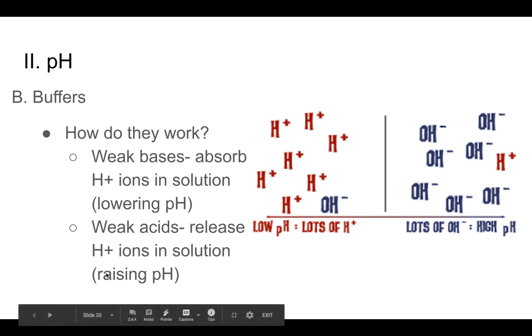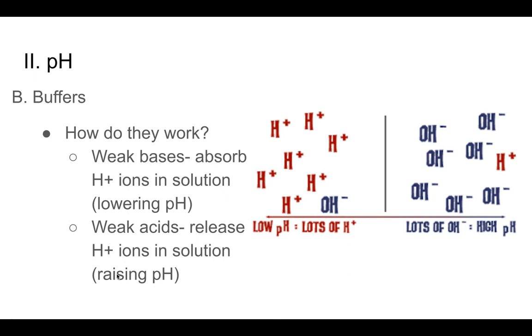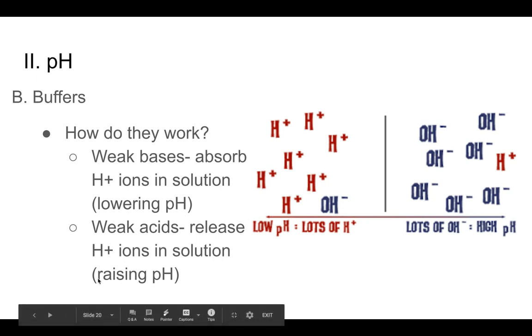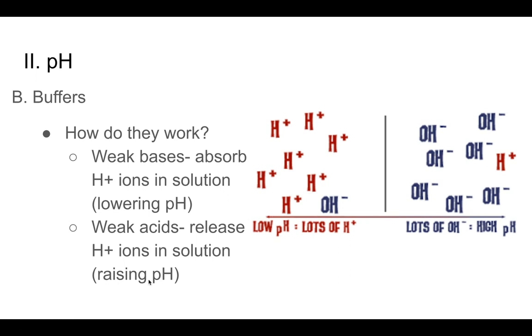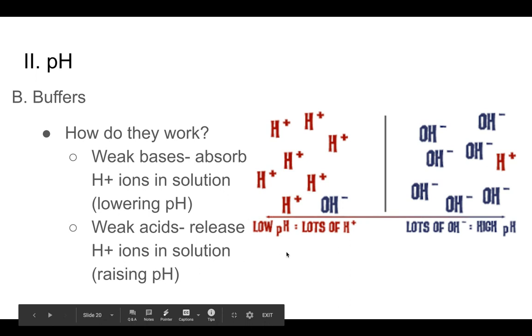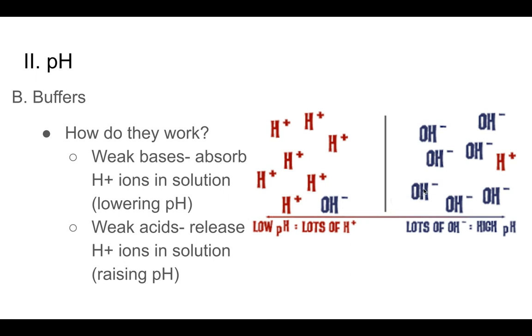So again, quick correction. Don't put raising pH. That's incorrect. It doesn't raise the pH value. It will raise the hydrogen ion count in the solution, which will then bind to the OHs and create water.